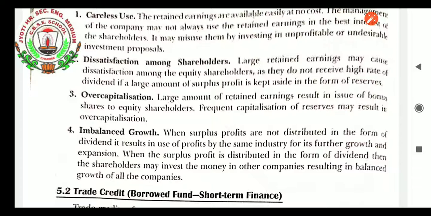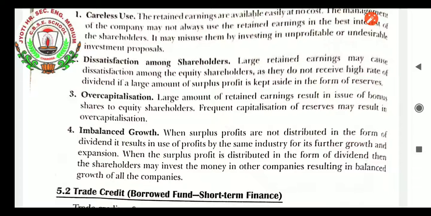But as it is not given to the shareholders and is instead kept as accumulated profit in the same industry, growth and expansion of the same industry is possible. There are many industries in society which need financial help. That help can be provided if shareholders get extra dividend, so that they can invest in this company as well as in other companies.